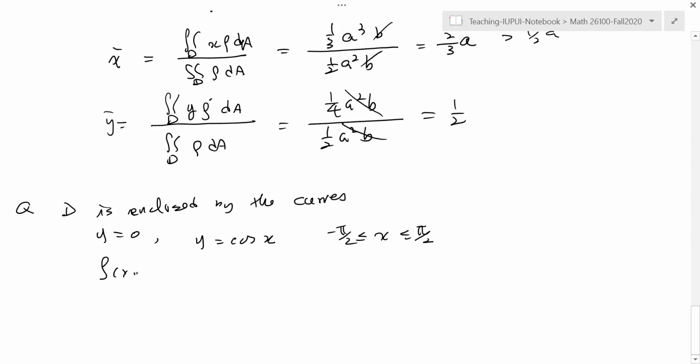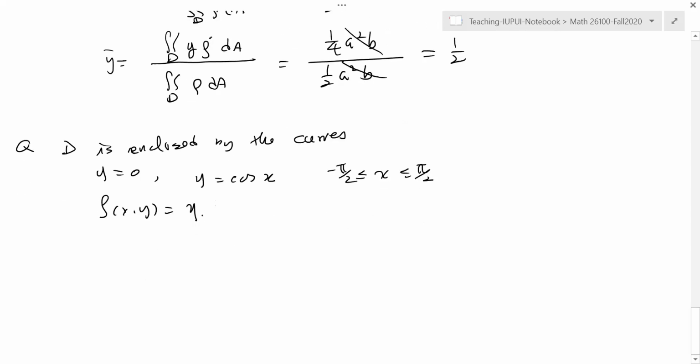The density function this time is going to be y. So we probably have to find out the mass. Now we can also find out the center. Let's try.